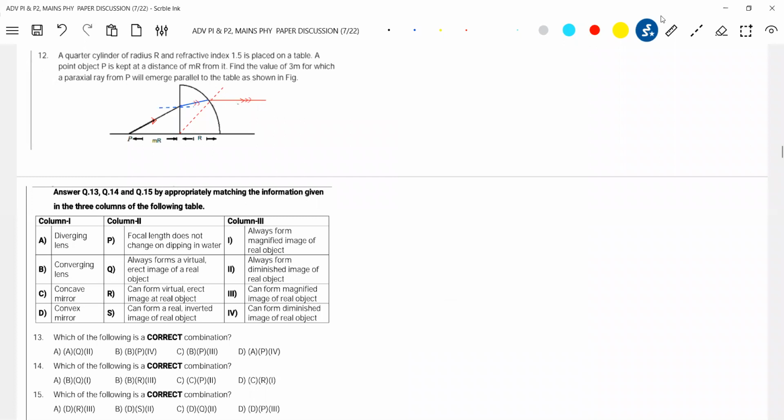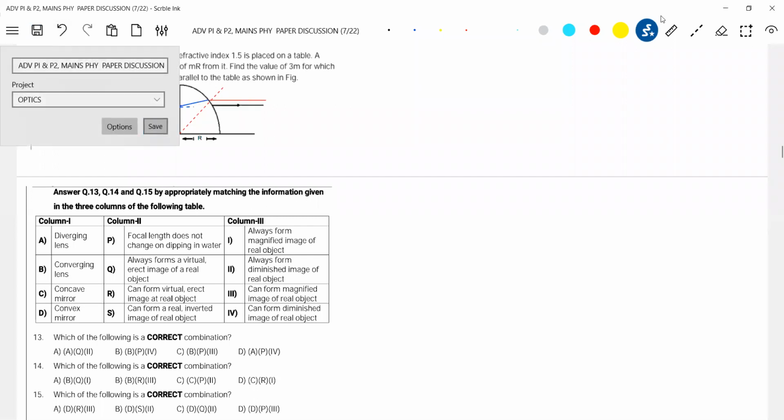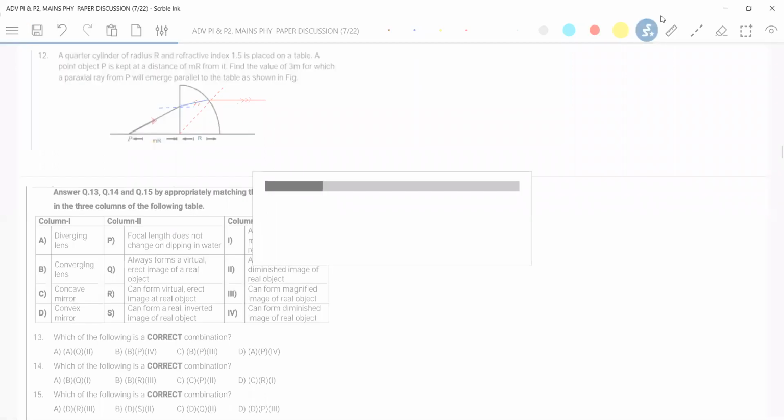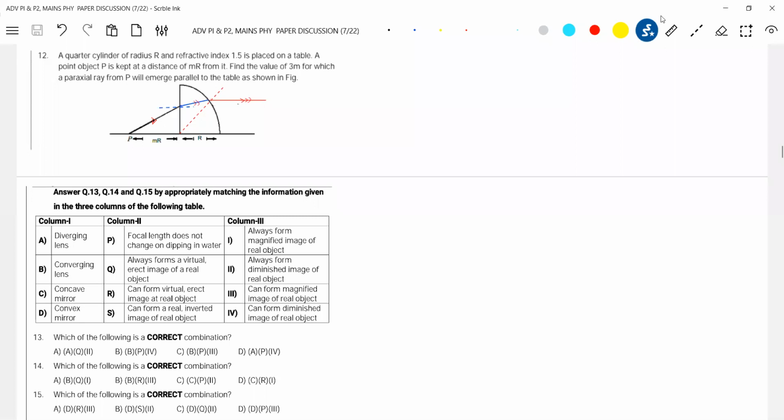Okay, can you apply the refraction at spherical surface formula? I'll write down the equation so that it'll be easy for you. So come from reverse, from here you reverse. So this is P2, P1.